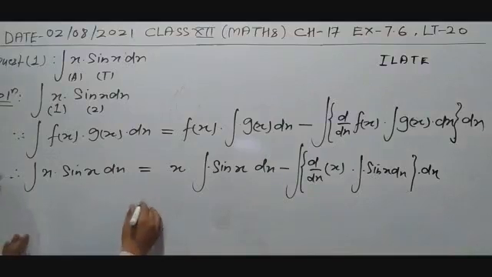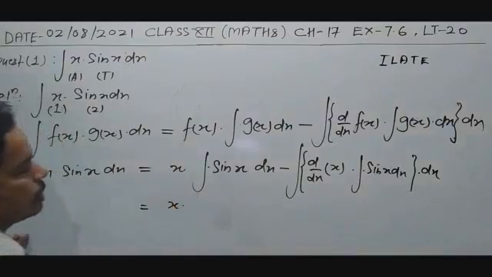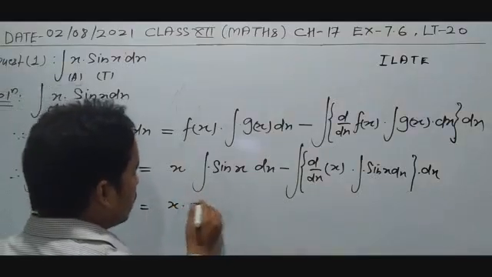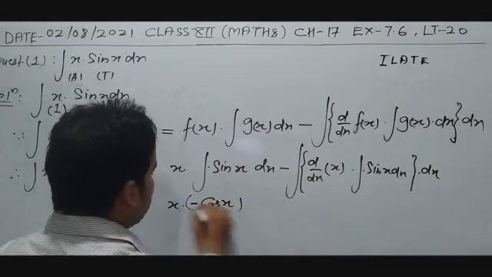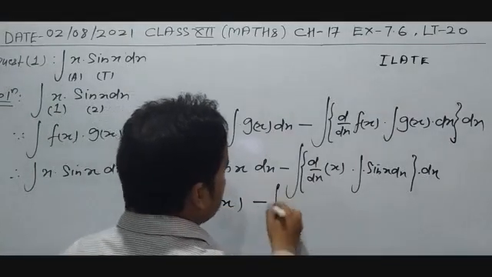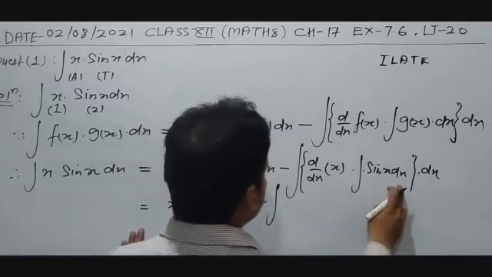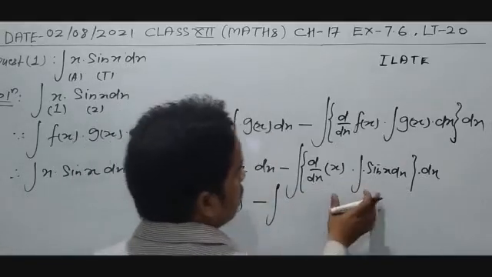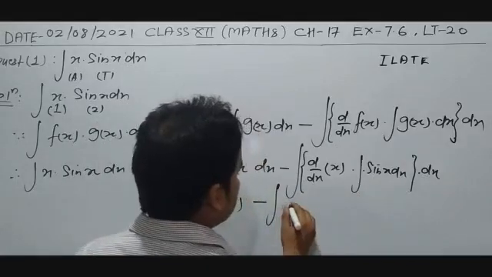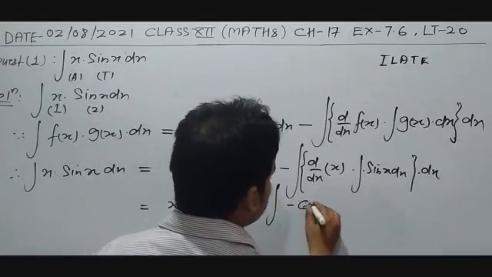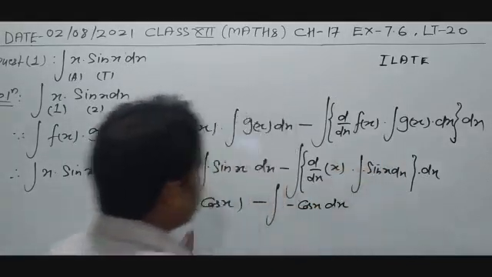The integral of sin x is minus cos x, and d by dx of x is 1, so 1 times minus cos x gives minus cos x dx.